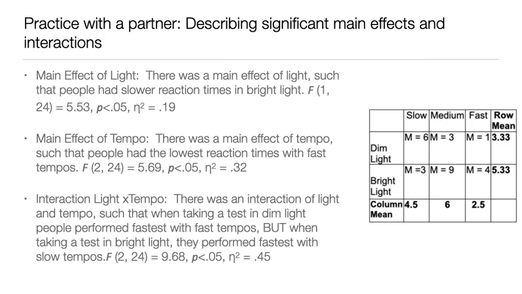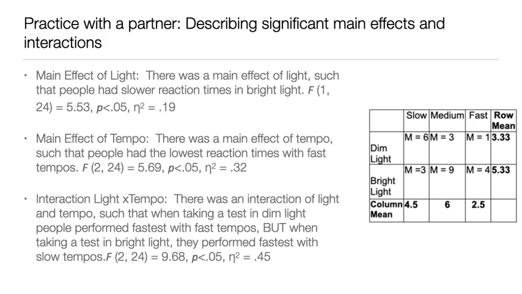And that interaction, again, each one will be different, but for this one, there was an interaction of light and tempo such that when taking a test in dim light, people performed fastest with the fast tempo. So again, in the dim light, the mean of 1, that's our fastest reaction time.